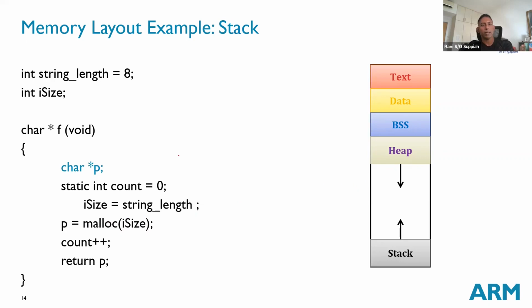Finally, you have a local variable here, a pointer variable. That local variable is within the stack space of your memory. So as you can see, in just one simple code segment, you are already utilizing all the different sections of your memory layout.